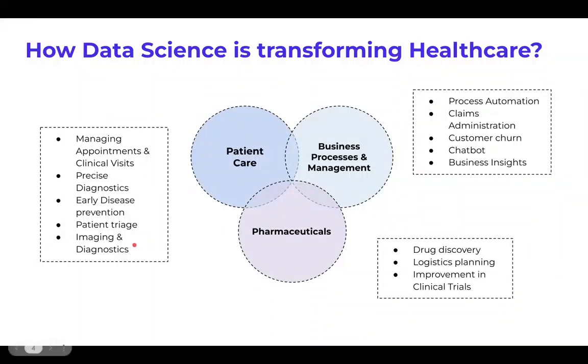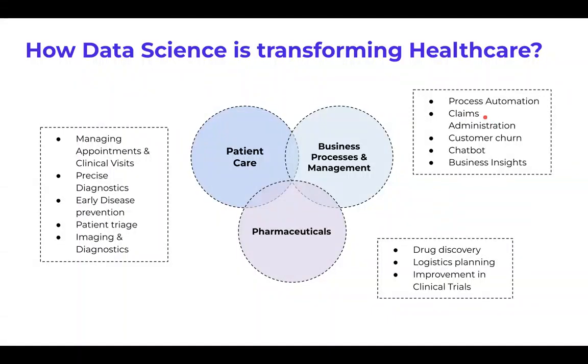And lastly, imaging and diagnostics: CT scan images, X-ray images, any biomarker discovery, all these things also fall under the purview of health informatics. For the business process and management, there is something called process automation. So in business, generating business reports, generating interactive and flexible reports is also a very useful use case.